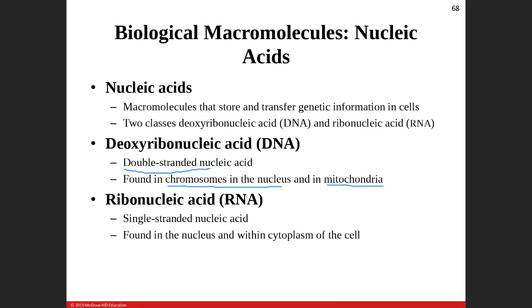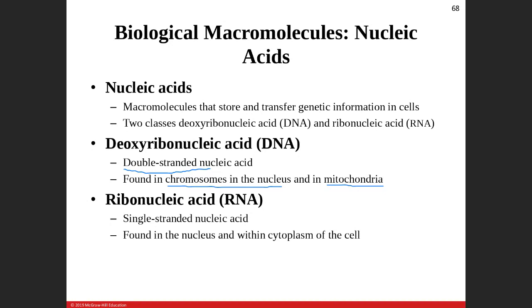Mitochondria are the powerhouse of the cell. They make a lot of the ATP, which is the cellular energy currency. But you do have chromosomes in your mitochondria, and those chromosomes come from mommy. None from daddy, only from mommy.